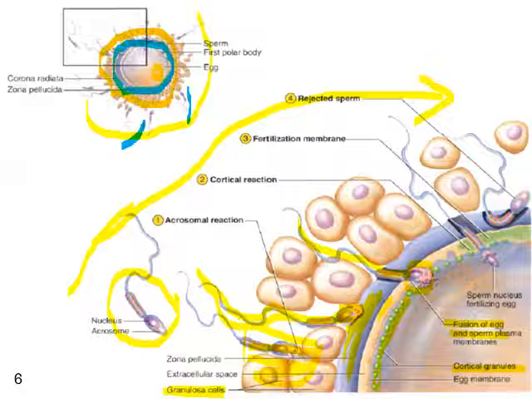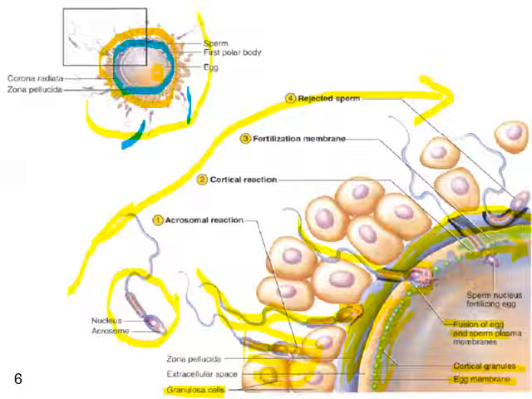They fuse with the surface membrane, and that wave of fusion, it's actually calcium driven, a wave of fusion of cortical granules with the surface membrane of the egg releases enzymes and causes the zona pellucida to now become impermeable to sperm.